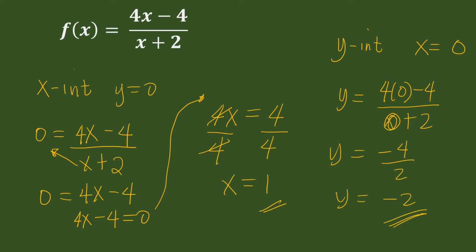This would be our y-intercept. Notice that the y-intercept is simply the ratio of your constants. So meaning, to get the y-intercept, simply get the ratio of the constants in that given rational function.